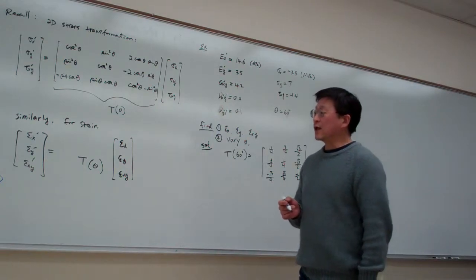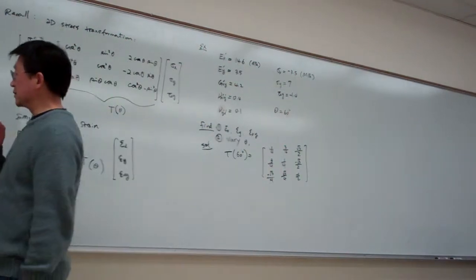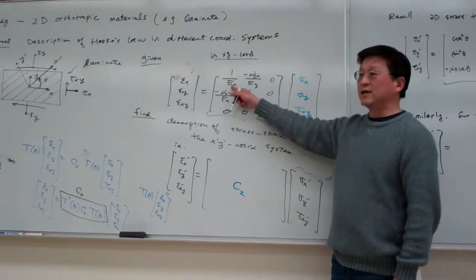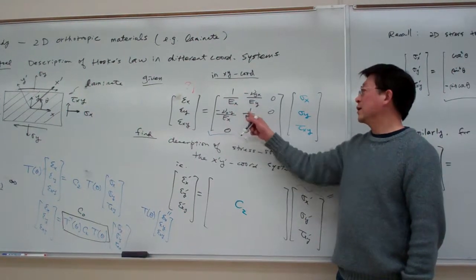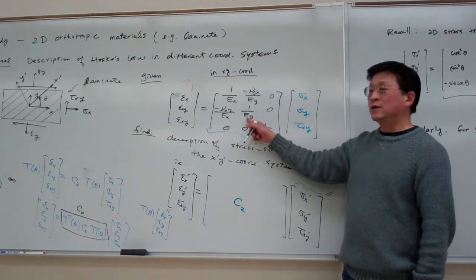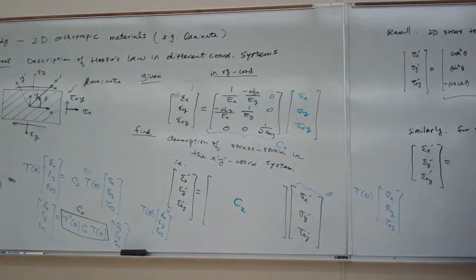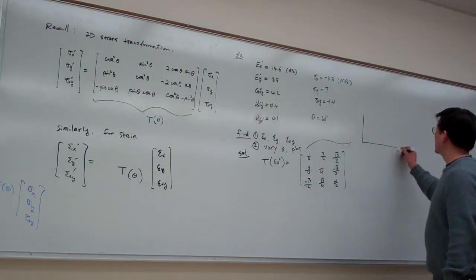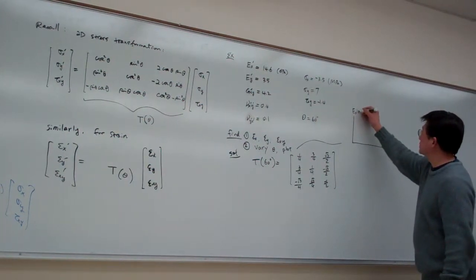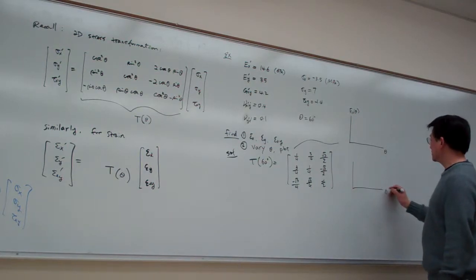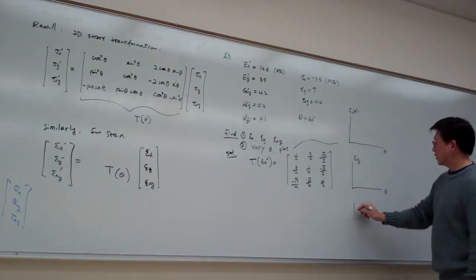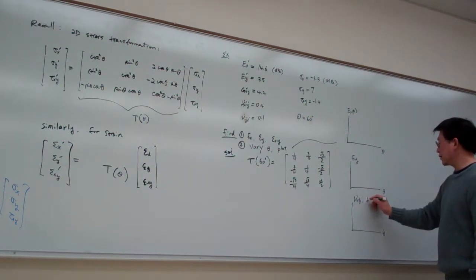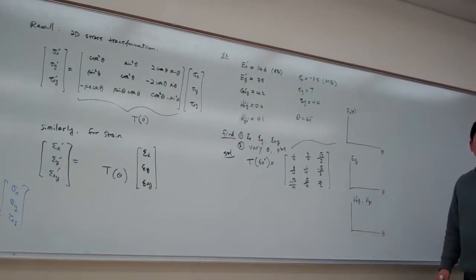Then I will ask you to give me a plot of the Young's modulus EX as a function of theta, plot EY as a function of theta, and plot nu XY, and then nu YX, etc.